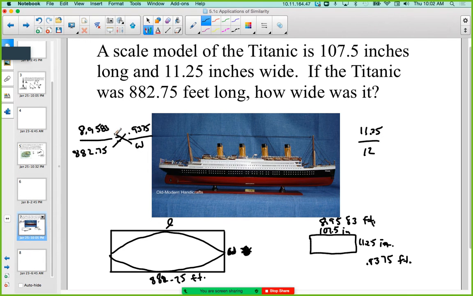So divided by 8.9583, I get 92.381. We could actually probably round it to 2 places. We'll say 92.38. So my width, 92.38 feet. Okay.